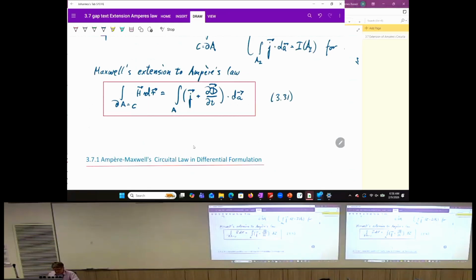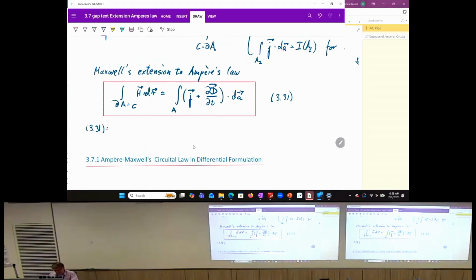3.31. And what it means, 3.31 says that the magnetic fields are generated either by the electric currents or current densities, or by the time varying electric displacement fields.